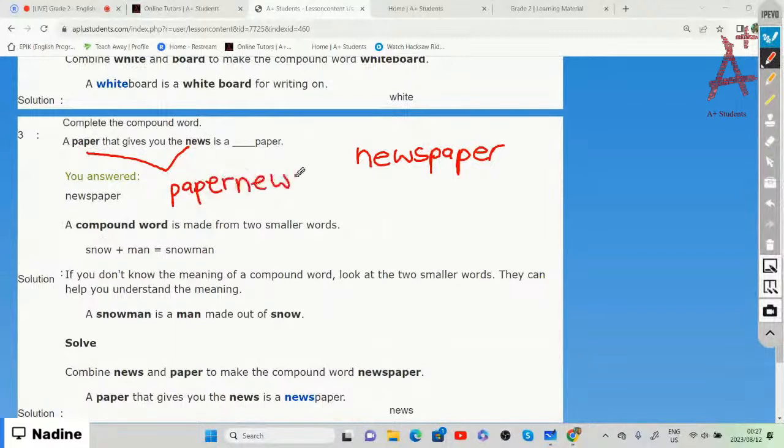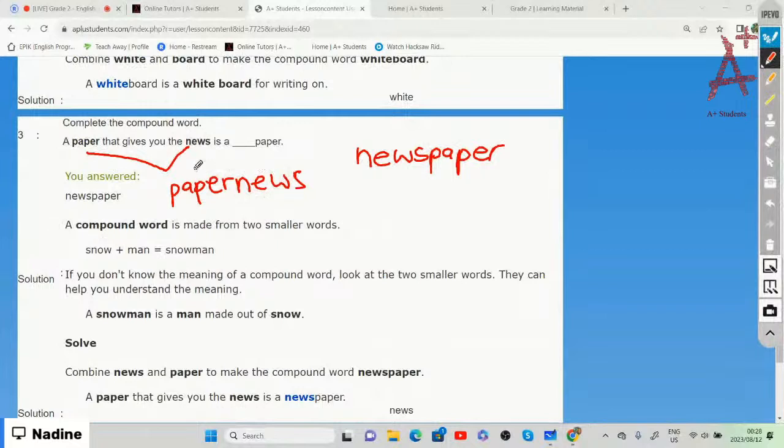Do we get paper news? These are the questions that we need to ask ourselves. Do we get a newspaper? Paper news doesn't necessarily mean it is the news that we found on paper. No, right? It is a newspaper, not paper news.